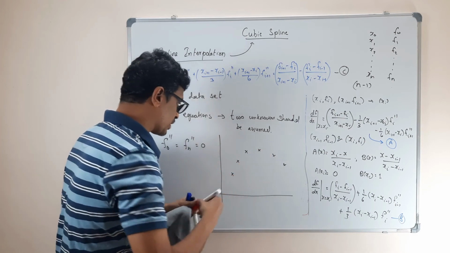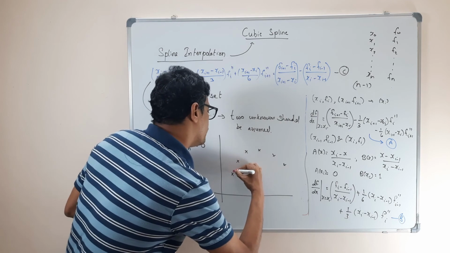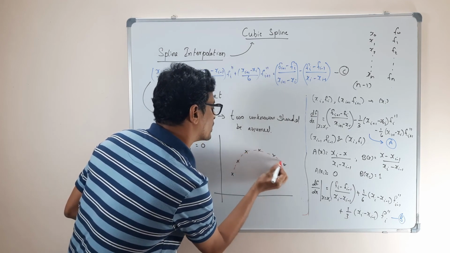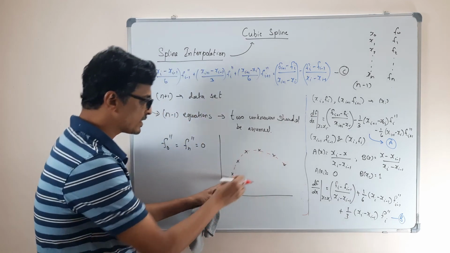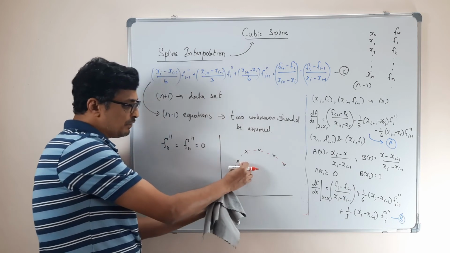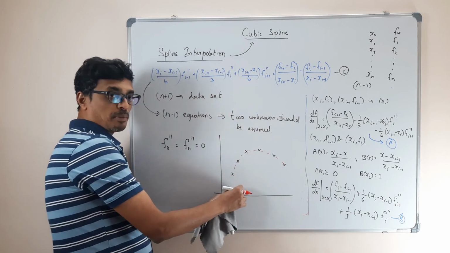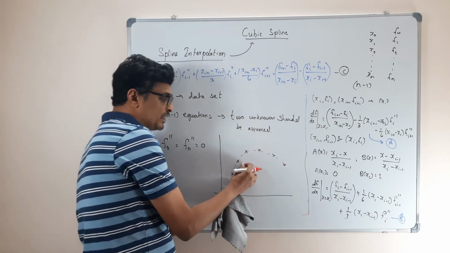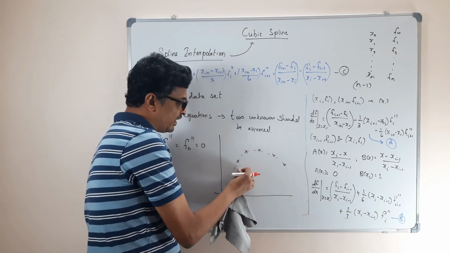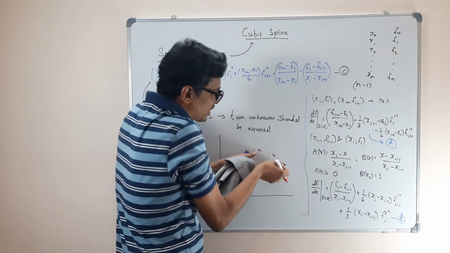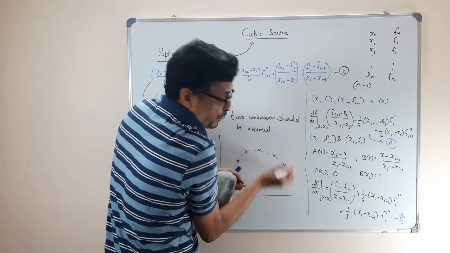Now when you come to the last end point, we don't have a previous point. So you have to start with some curvature. Once you get it, then you can always join those points correspondingly, and similarly to the end also.